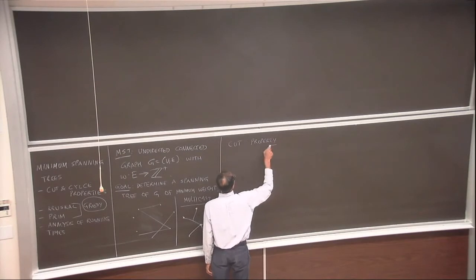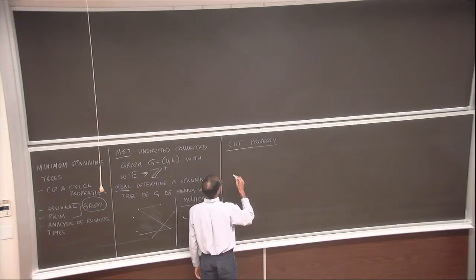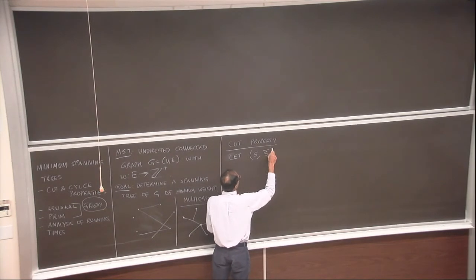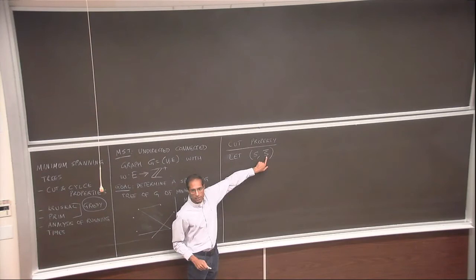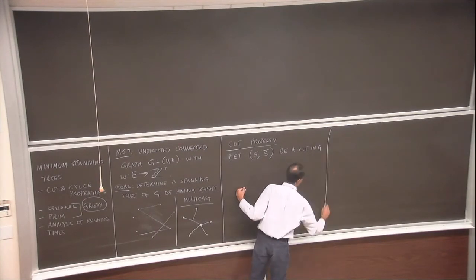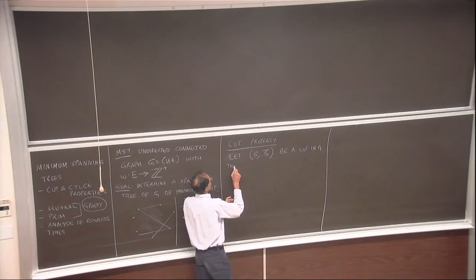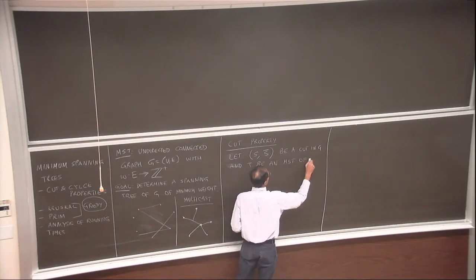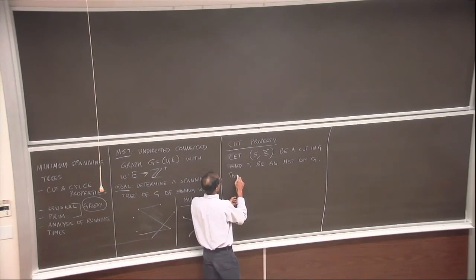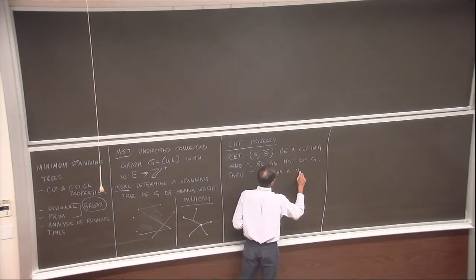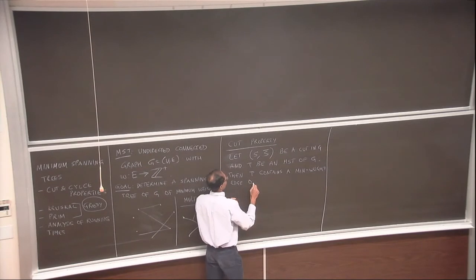Okay? And there were a couple of observations we made last time, and those observations are referred to as the cut property. The cut property says that, let S, S complement, where S complement means all the vertices not in S, be a cut in G, and let T be an MST of G. Then T contains a minimum weight edge crossing the cut.